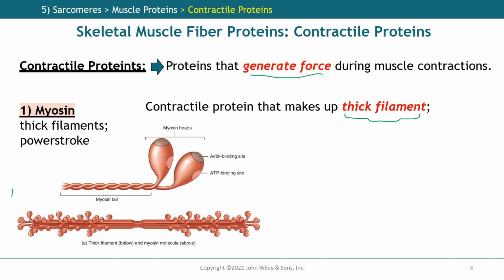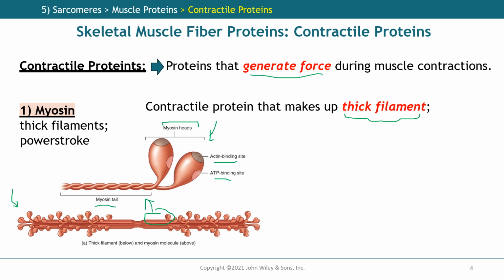When you see this schematic, you see that there is not one molecule of myosin, you have multiple molecules. And if we take only one, we can zoom in on it. There are 2 sections: the tail, one tail, and 2 heads. Here you see the 2 myosin heads, and the most important part in the myosin heads is that there are binding sites, one for actin and one for ATP.